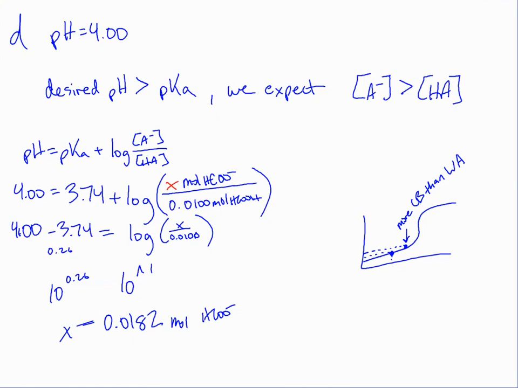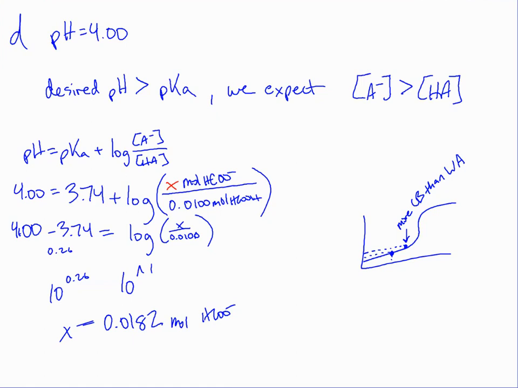You just put in 0.01 moles. So what it's saying is that if the volumes are the same, if they're not, then it has to be a little different.